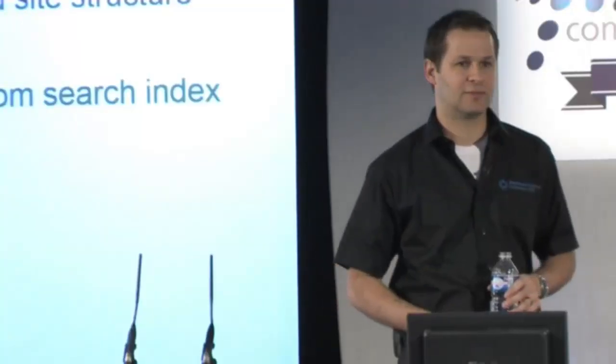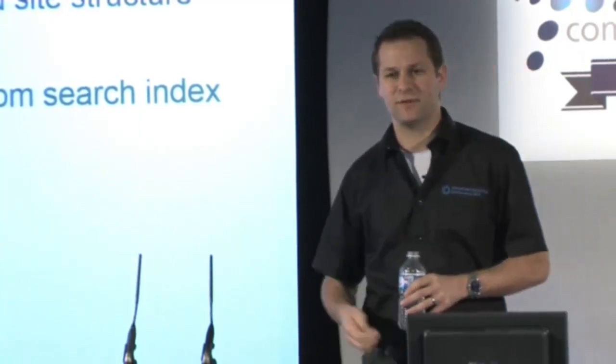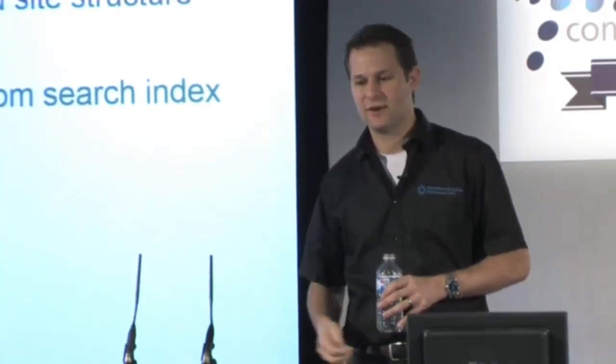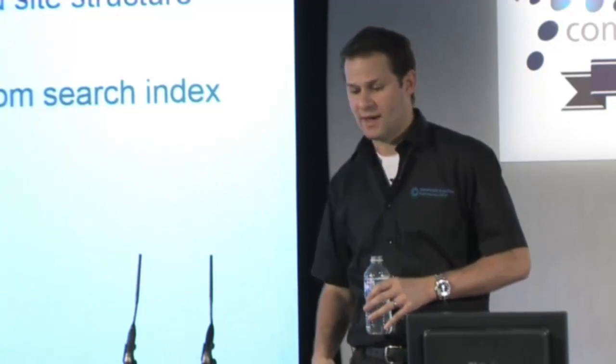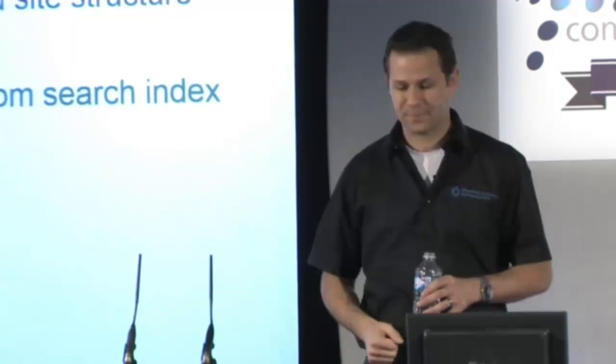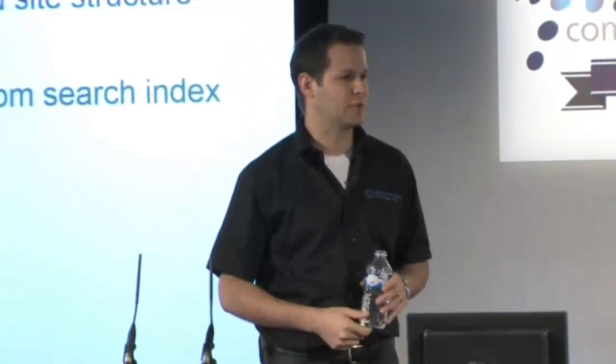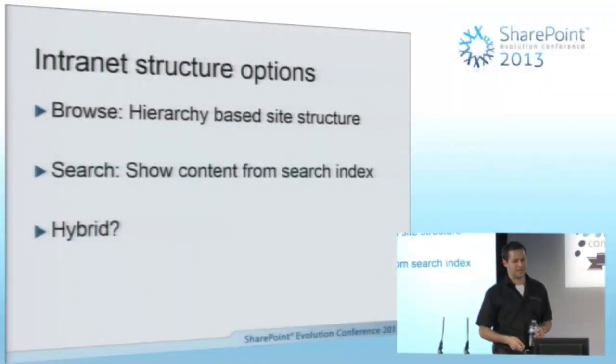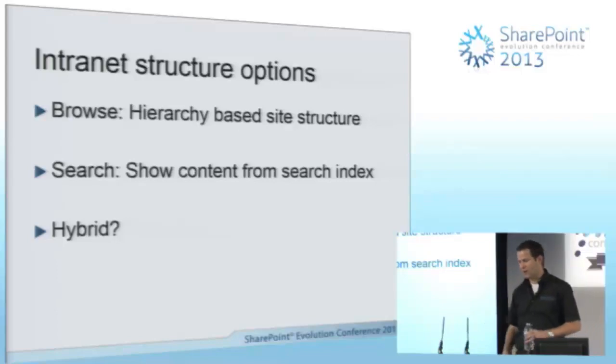But the flip side of that is, just a search box is kind of difficult to use if you don't index your content correctly, or if the results that person is interested in don't come up at the top. So it also has some interesting drawbacks. And then the hybrid option is one we'll talk a little bit later, which is this concept of mashing the two together to give a browsable but also searchable or search-driven intranet experience, which I think is quite powerful.